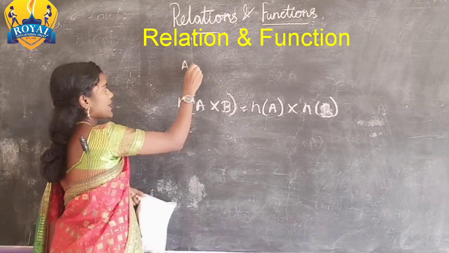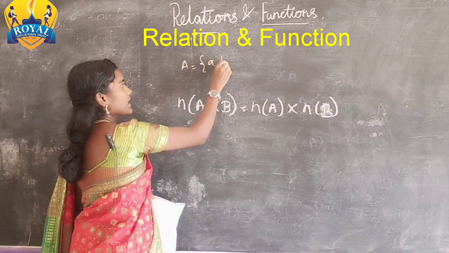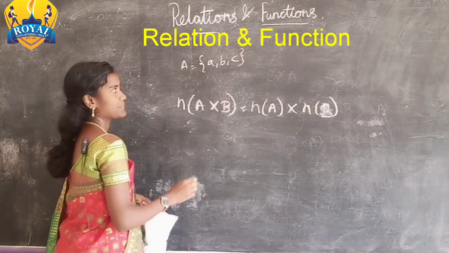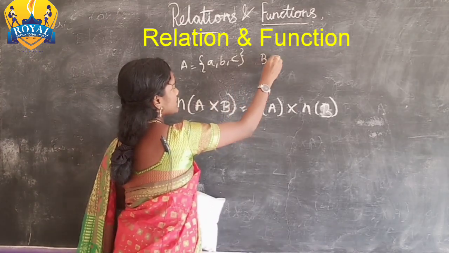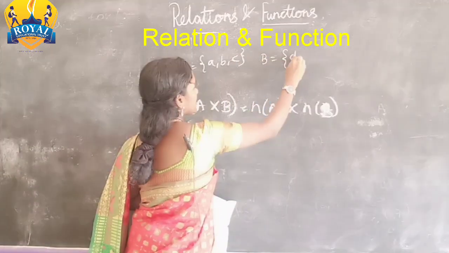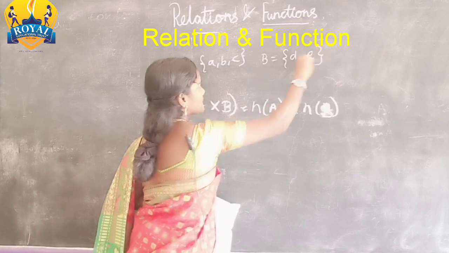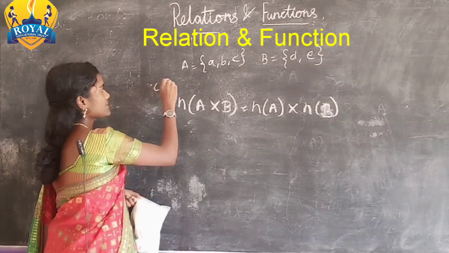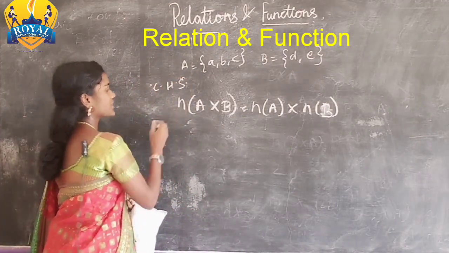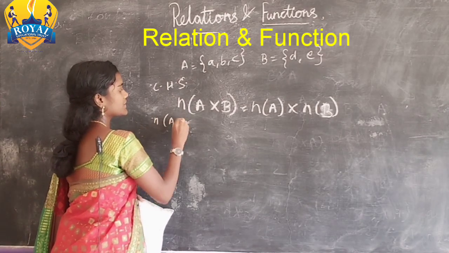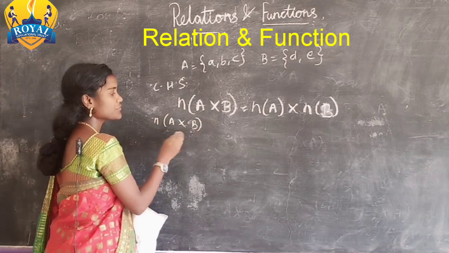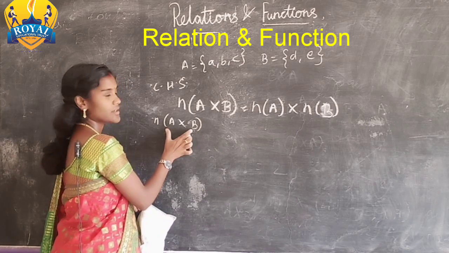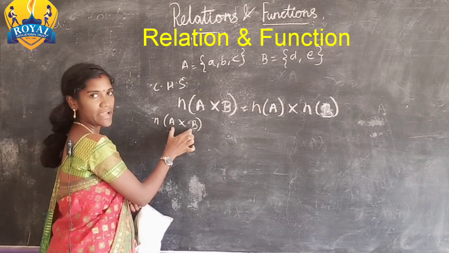That means A is equal to {a, b, c}, B is equal to {d, e}. Left hand side, n of A cross B means you have to first solve the A cross B. What is in the bracket?